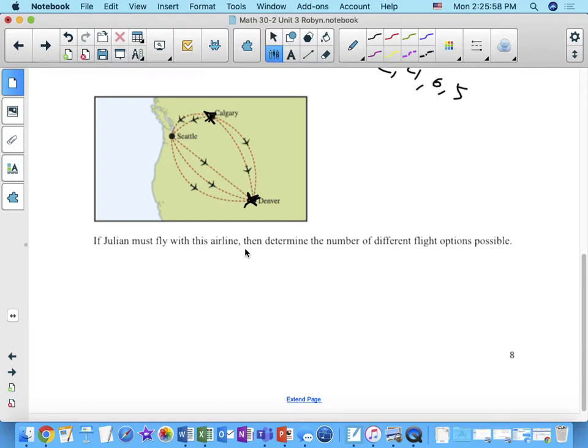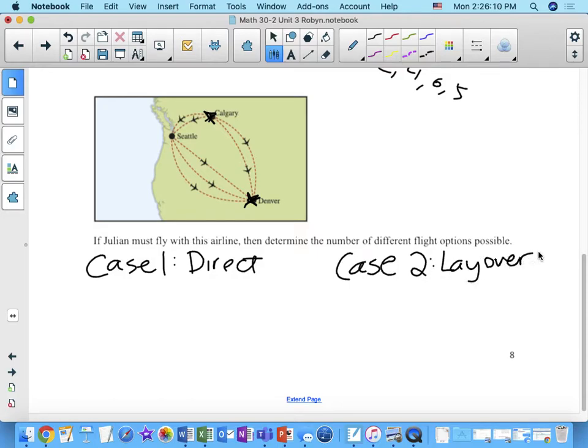Okay, so cases. Case 1, direct. Case 2, layover. Well, if he's going direct, how many spaces do I need for a direct flight?